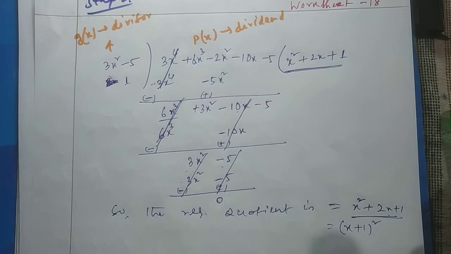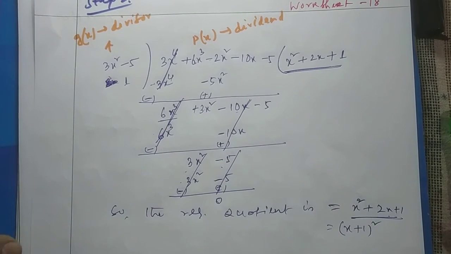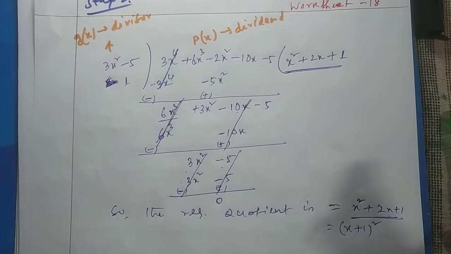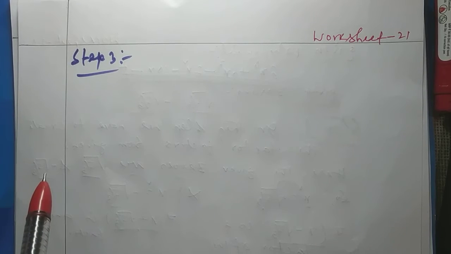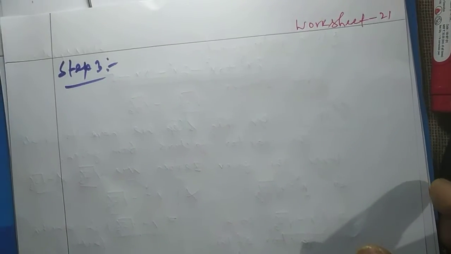In the step 3, we have to find its zeros. Correct? Now let us shift to step 3. In this step, we have to find the zeros for the quotient that we have got in step 2. Now let us write what we want to do in this step.